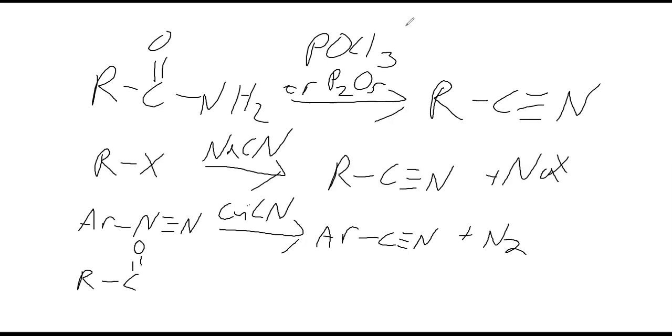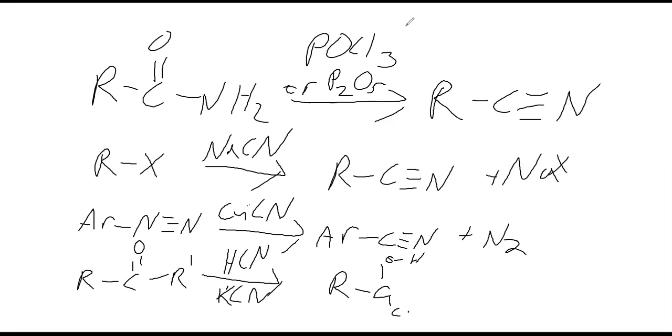This makes a cyanohydrin, using HCN and then KCN. Protonate the ketone and add the cyanide to the other side. So those are just ways to form nitriles. There are not a whole lot.